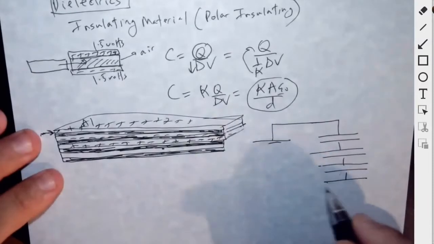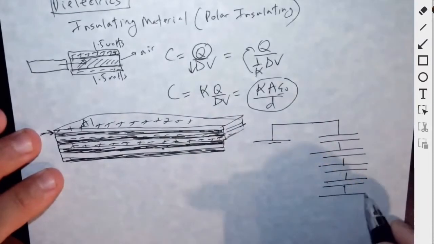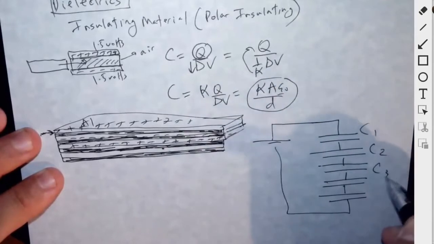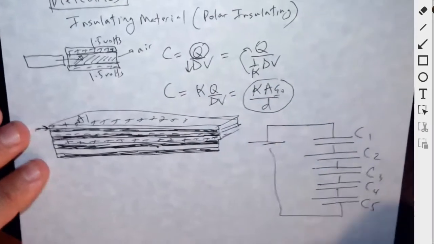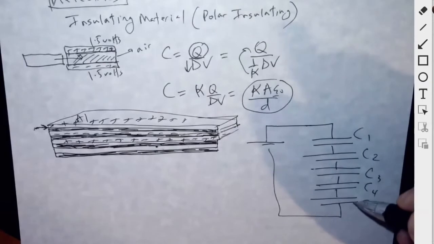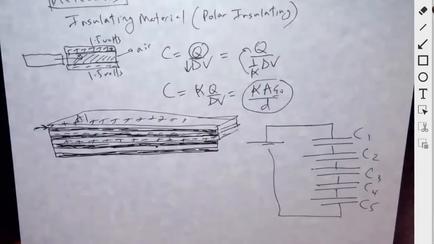C1, C2, C3, C4, C5. Right? And what are these? They're capacitors in what? Series, right? So that's the next topic. We're going to learn how the capacitors add up in series and parallel, right? So this is in series.